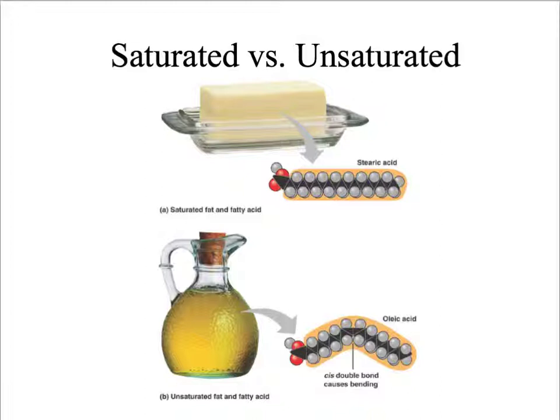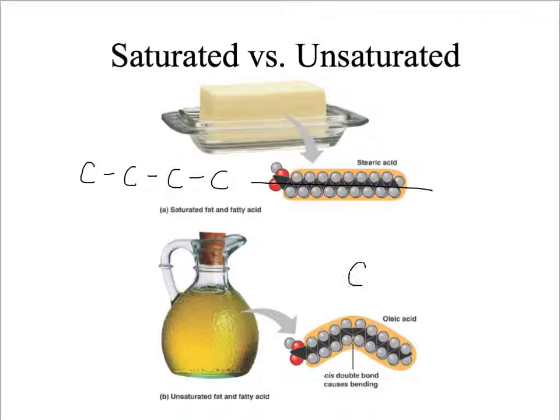When we look at those fatty acid tails, we could have saturated or unsaturated versions. This is something that comes up a lot when people are talking about nutrition. You may have heard about saturated fats or unsaturated fats. Well, when you join carbon molecules together in a fatty acid tail, if those carbons are all joined together by a single bond, that means that fatty acid tail is going to be nice and straight.